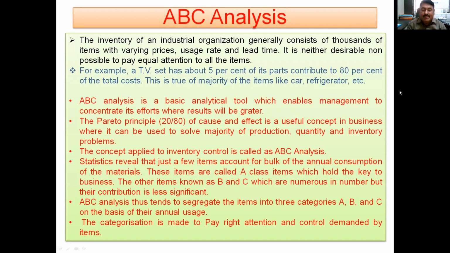The 20-80 principle is applied in ABC analysis also in inventory control, and it is called ABC analysis. What is the 20-80 principle? There are 20% of items which will have a significant effect on the cost, up to 80% level.